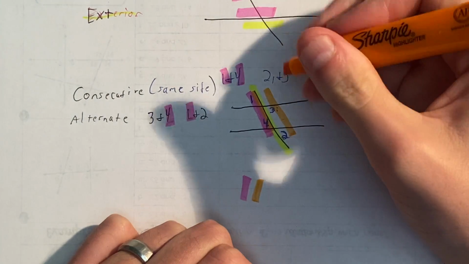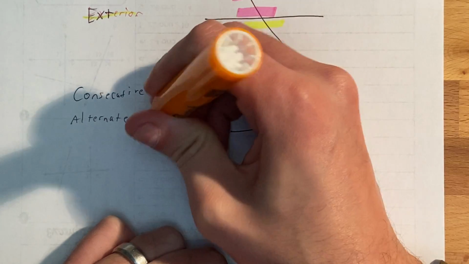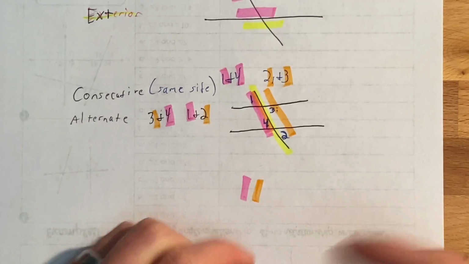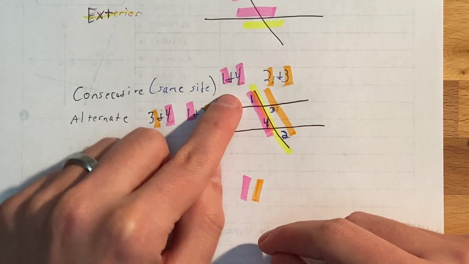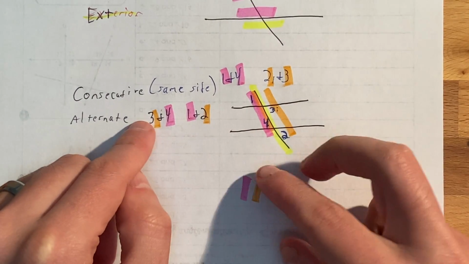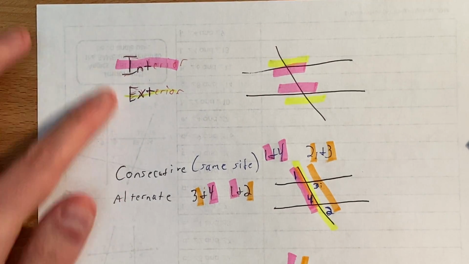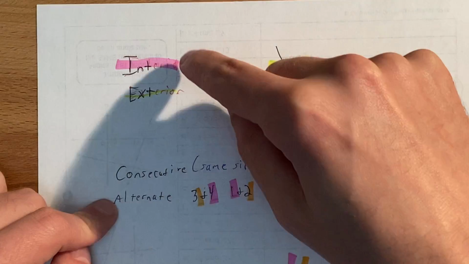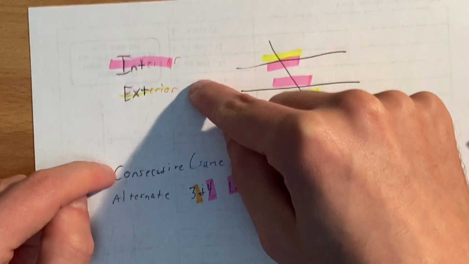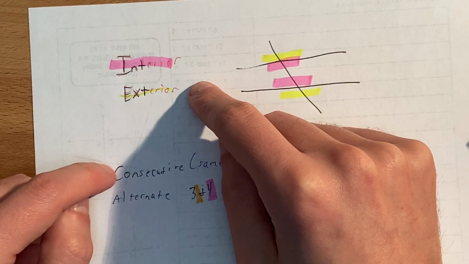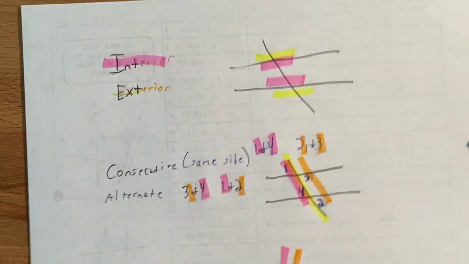As you can see, I'm a very color-oriented person. The 2 and the 3. So alternate literally has one of each, and same side consecutive has the same. So same side or one of each. And the vocab that you see on the other side is literally just going to be a mixture of these. There's alternate interior, alternate exterior, consecutive interior, consecutive exterior. We tend not to talk about consecutive exterior that much, but it is a thing technically. So, here we go.